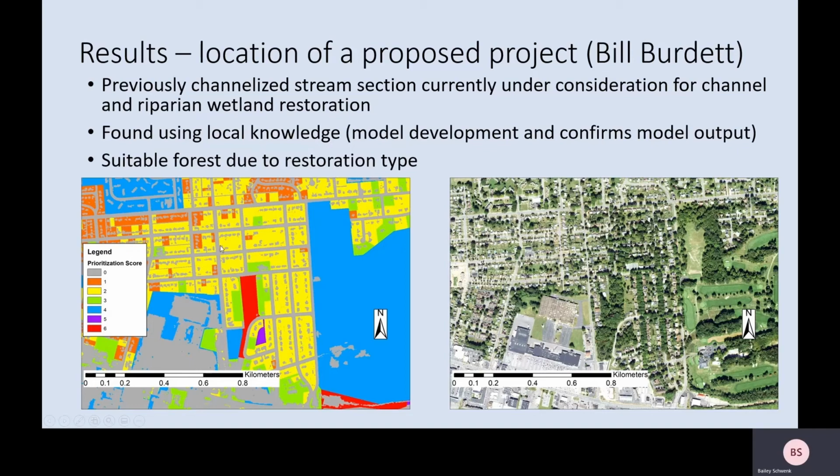However, the model identifies it as an ideal location, which shows that the model is correctly identifying some of the locations that these municipalities are looking for. And even though it is forested, it is suitable due to the specific restoration type that they are looking at doing, which is the channel restoration.